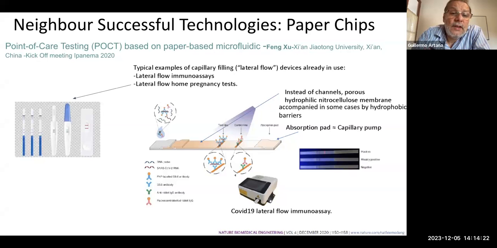One of them is the well-known home pregnancy test. There are many, but I just mention two of them. The other one is related to COVID and the possibility to detect the presence of COVID in people.